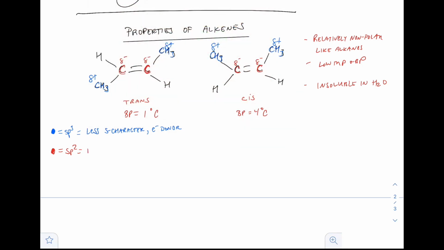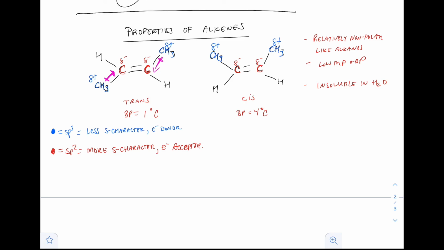So, sorry, sp3 is less S character because it's 25% S, and sp2 is more S character because it's 33% S character. The blue is still the electron donor, and the red is still an electron acceptor. Since it can accept electrons, it's delta negative. Since the blue can donate electrons, it's delta positive.